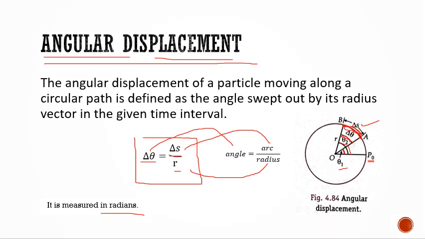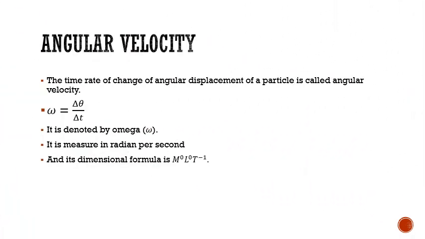Moving on. Angular velocity. The time rate of change of angular displacement of a particle is called angular velocity. So if this is a circle, let us say this is the angular displacement your body has covered. Now after some time your body has covered this angle.